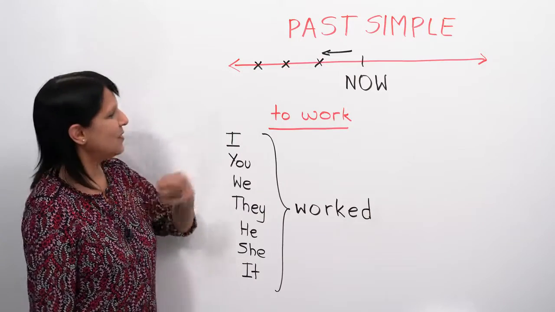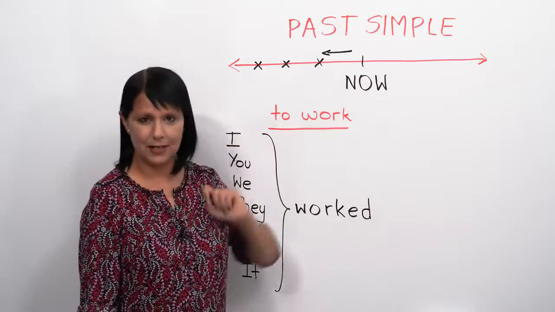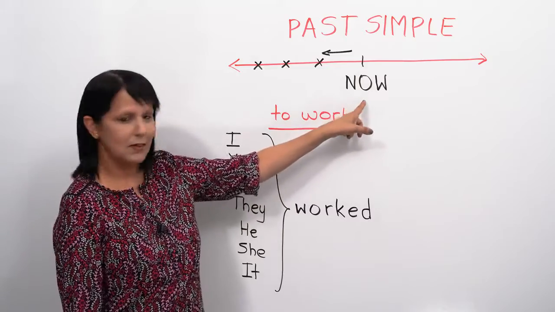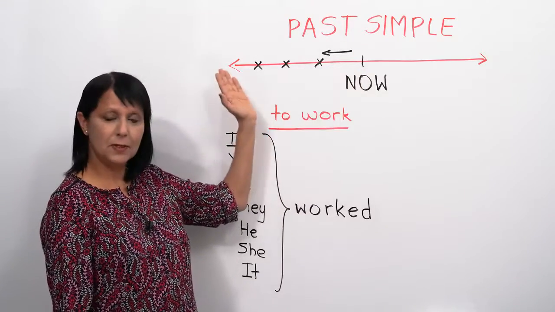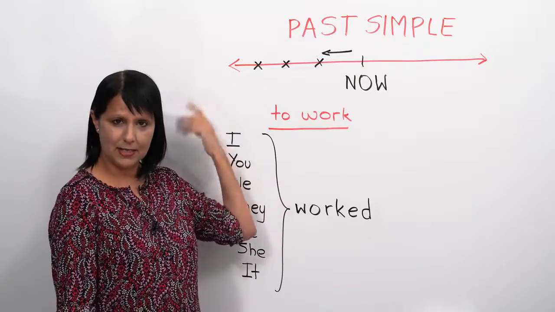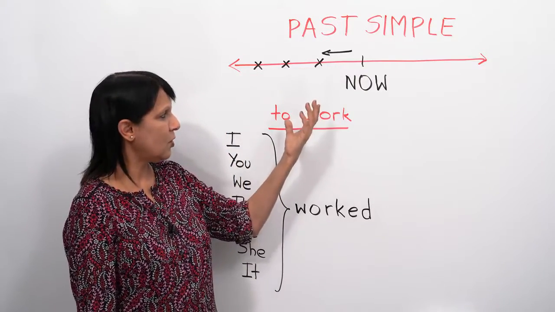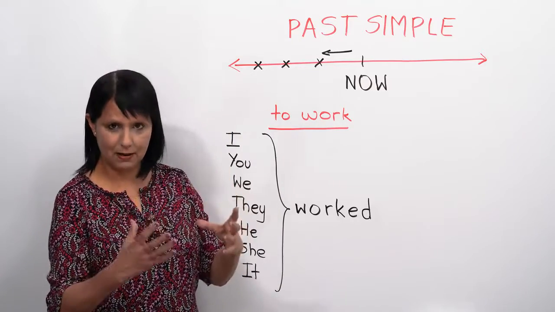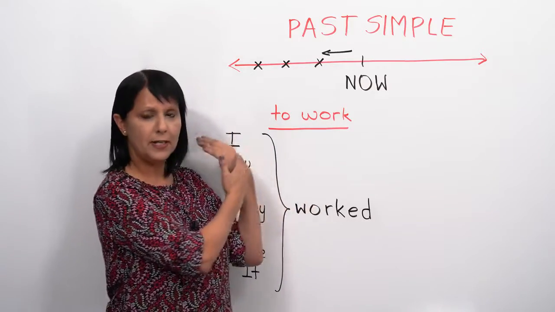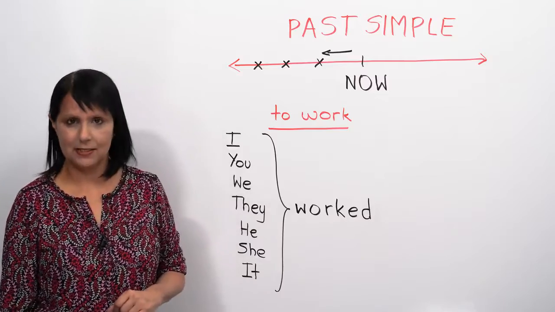So, you see here on the board, I've shown a timeline. Here, we see now, okay? And everything before now is in the past. So when we talk about the past simple tense, we're talking about a time that is before now or in the past.